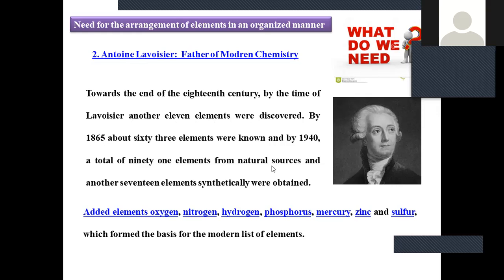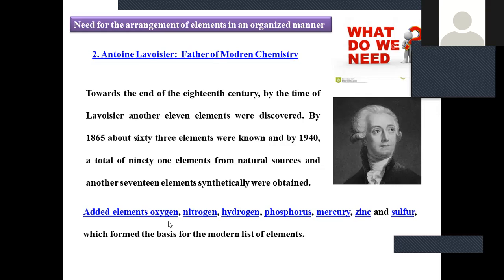Those 91 elements are purely from natural sources, from different sources like oceanic regions, terrestrial regions, and also the atmosphere. Even in our surroundings we can experience many elements in the air, right? The major quantity is nitrogen, then oxygen, and carbon dioxide is also present. So many kinds of elements are present in natural sources. So 91 were found in nature, and 17 more elements were synthesized in the laboratory.